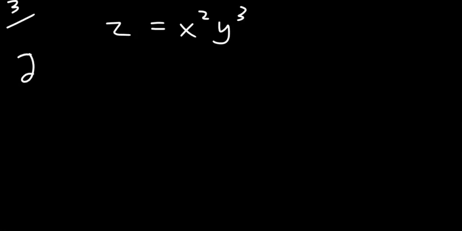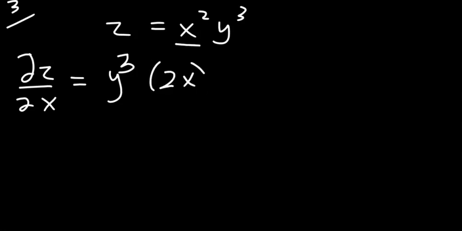Let's first calculate the partial derivative of z with respect to x. Remember, y remains a constant. So because of that, y just follows like that. And when you differentiate x squared with respect to x, you get 2x. So the answer is 2y cubed x.